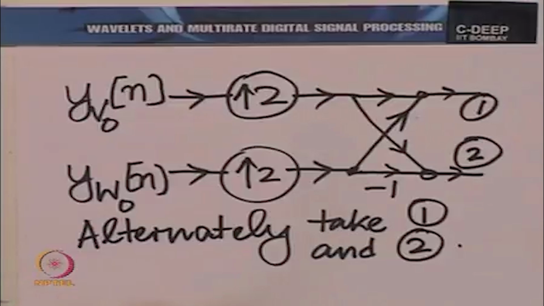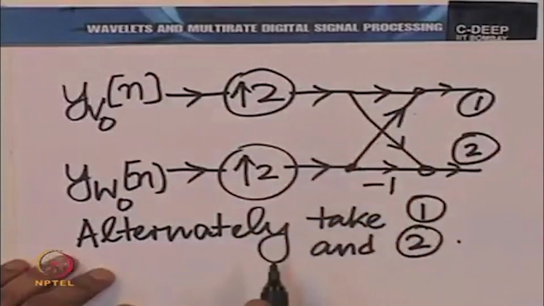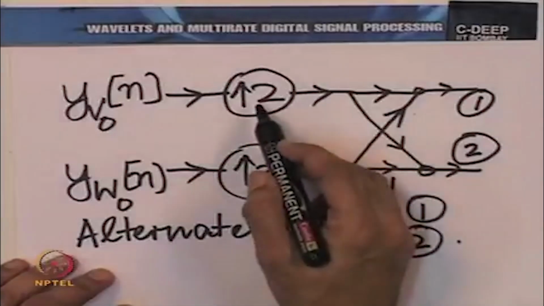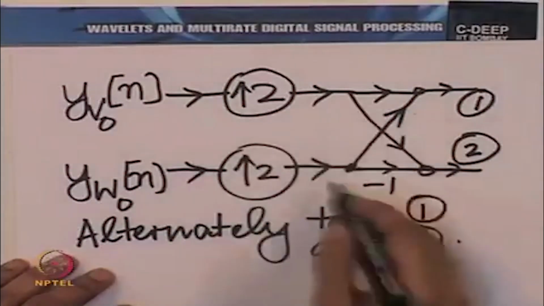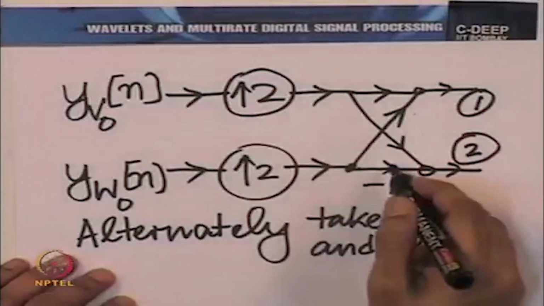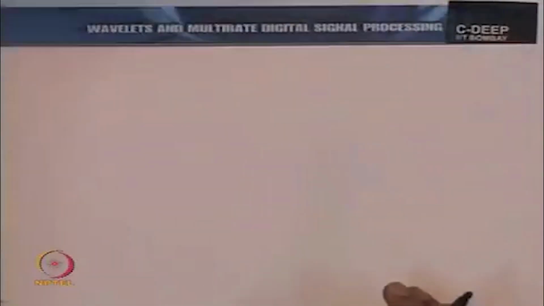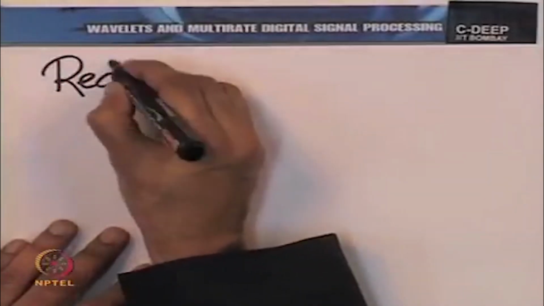Well, that is easy. Actually, if we notice, this upsampling operator can commute with this. So, it does not matter if you first upsample and then add and subtract, or if you first add and subtract and then upsample. In fact, we would find it convenient to add and subtract and then upsample. So, let us replace this. Let us redraw this.